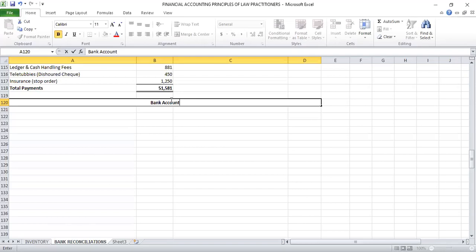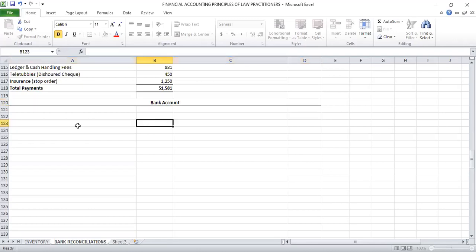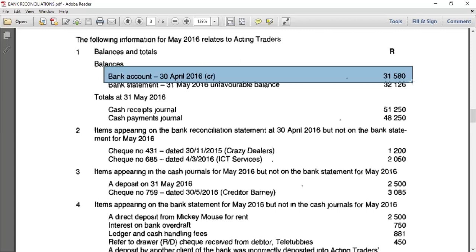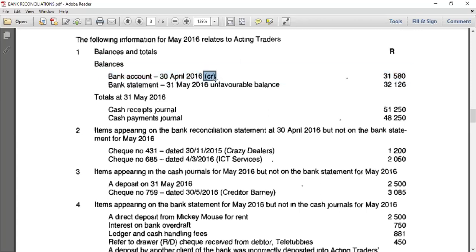Right, we start with our opening balance. Our opening balance is the balance on the bank account from last month. We are told here at the beginning that the balance on the bank account was 3158 and it was credit. So if it is credit, you record it on the credit side. If it's debit, you record it on the debit side.